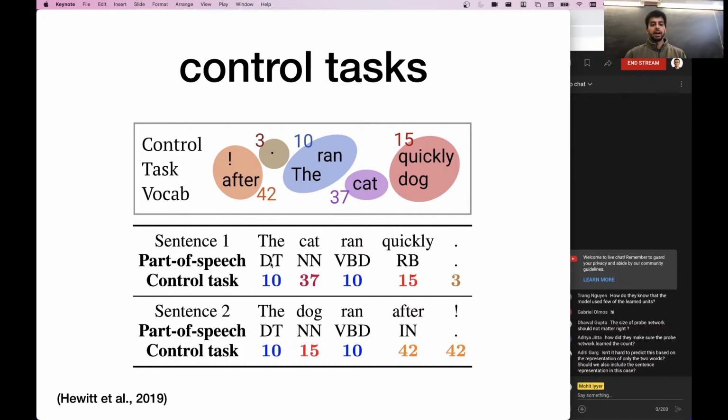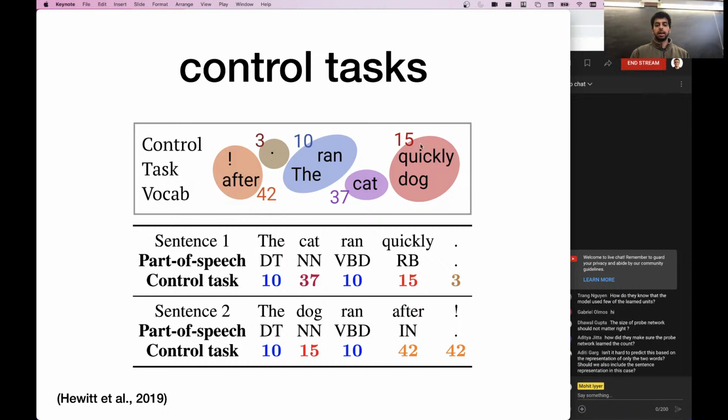So here I can perform two tasks on sentence 1, The cat ran quickly. First, I can do part of speech tagging, which is trying to predict for every word some sort of label, the part of speech. I can also predict the control label, so which one of these random clusters this word belongs to.